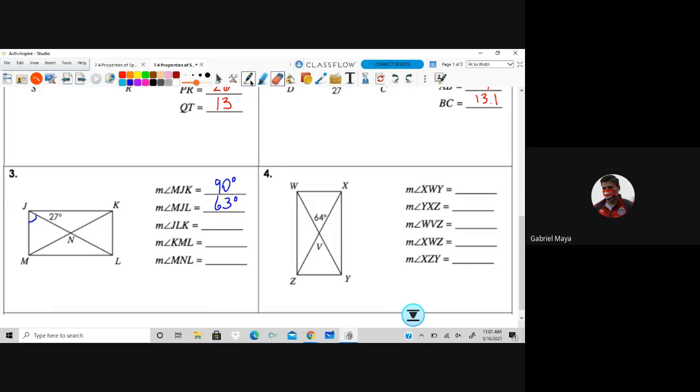All right. So now, measurement of angle JLK. Where's JLK? That's this angle right here.